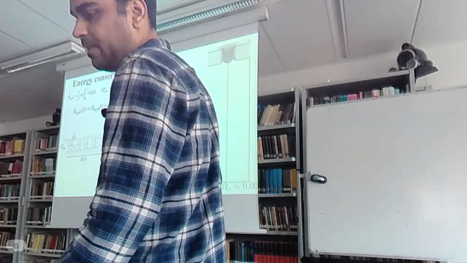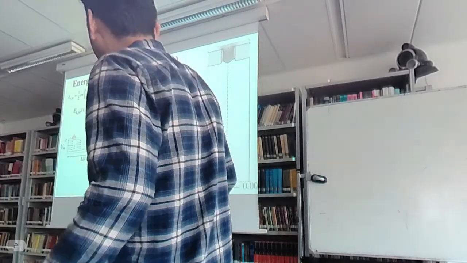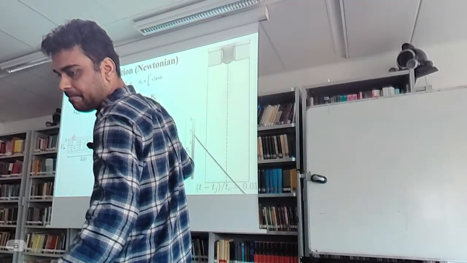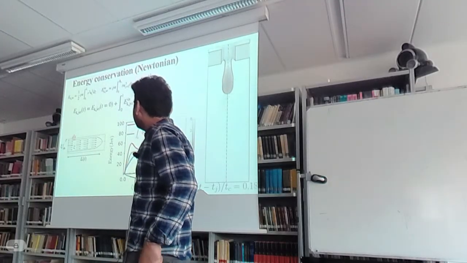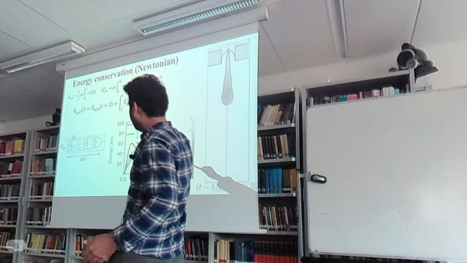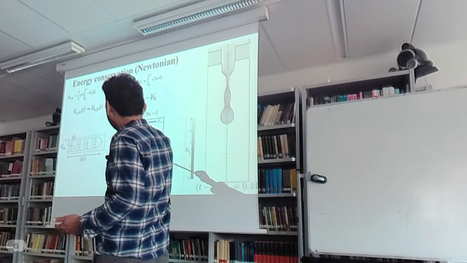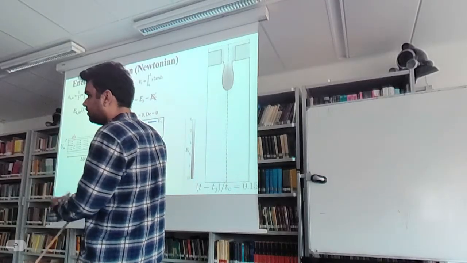If I go back and look at my simulations to see what these energies are, I start with the Newtonian case, where there is no elastic energy, and I plot the different energies. There is a color map also on the right. I see that as the jet extends, there is some influx of energy from the boundary, which creates a lot of kinetic energy of the jet, and as it comes out, this decreases and the surface energy increases, so new surface is created.